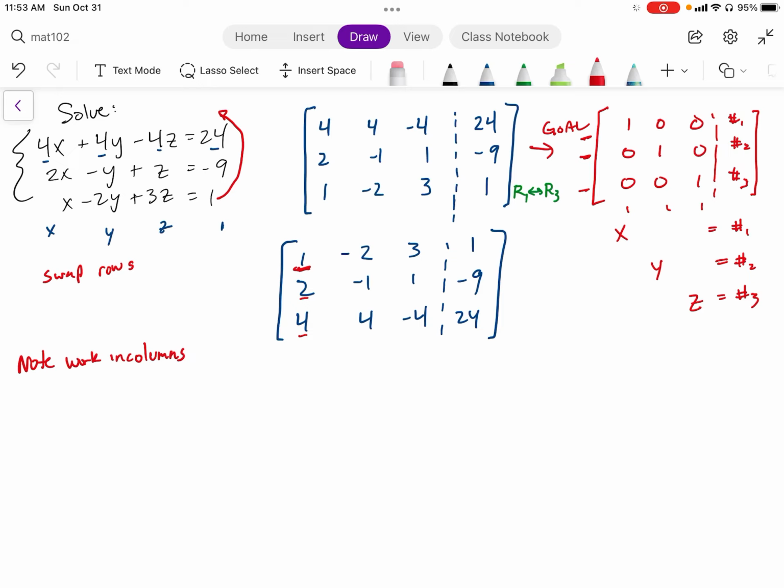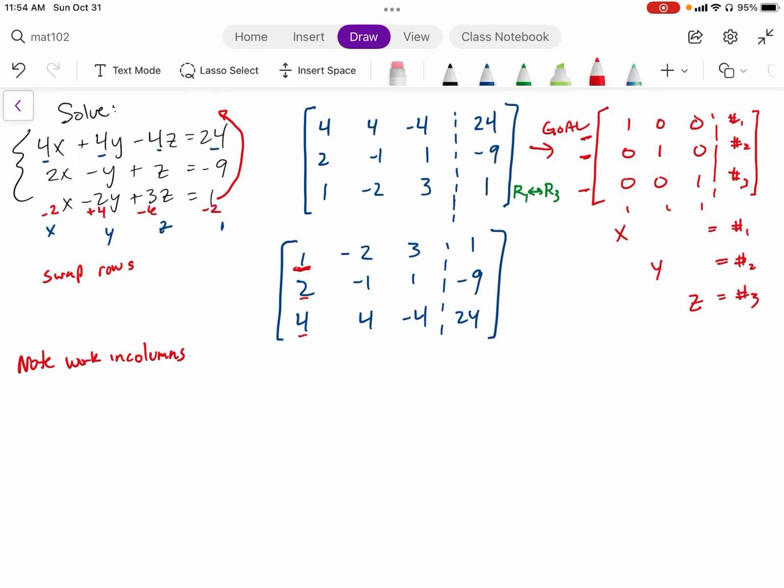So if I multiplied -2 to row 1 and added that to row 2, I could get a 0, right? So what does that look like? Well, if I were back to the original, if I multiplied all these by -2, so this would be +4, and -6 and -2.